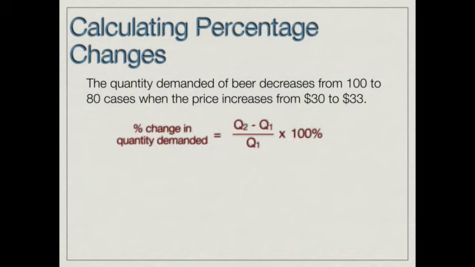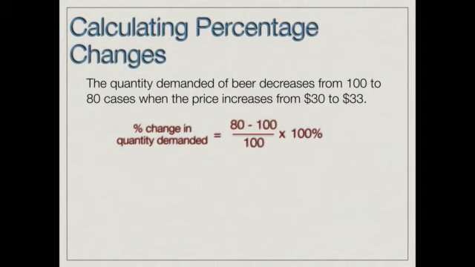So there is the formula we're going to use to calculate the percent change in quantity demanded. We insert the information that we have about the original quantity and the new quantity. Q2 is the new quantity after the price change, which is equal to 80, and the original quantity is equal to 100.